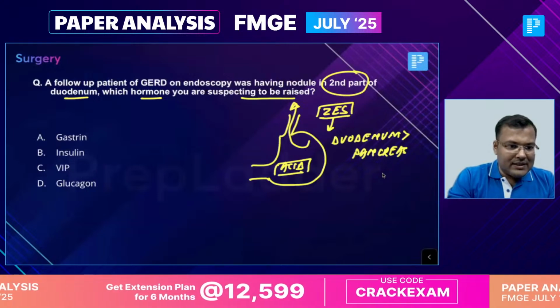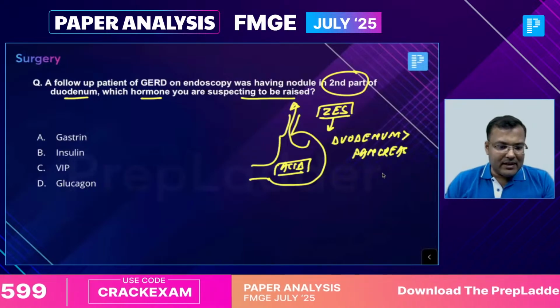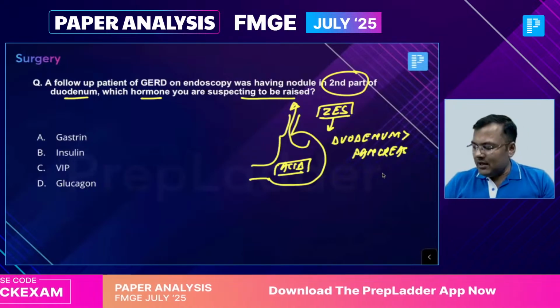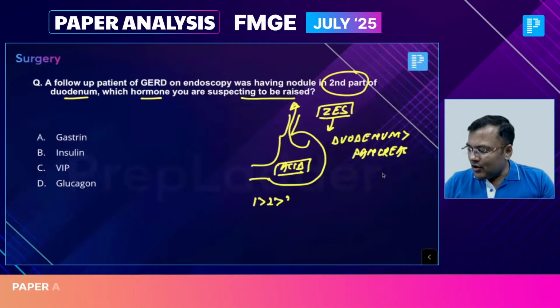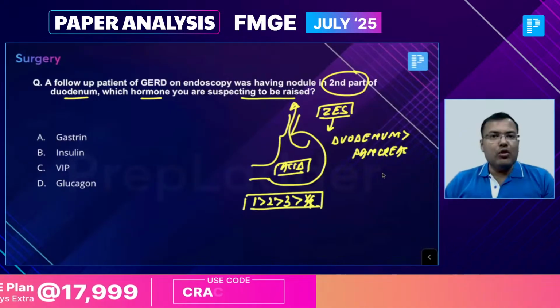Clear? So it is the first part of duodenum, followed by the second part, followed by the third part. It is not seen in the fourth part. So this is Zollinger-Ellison syndrome.